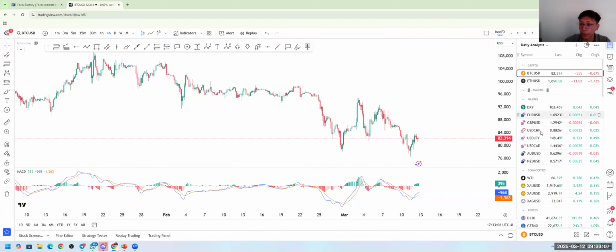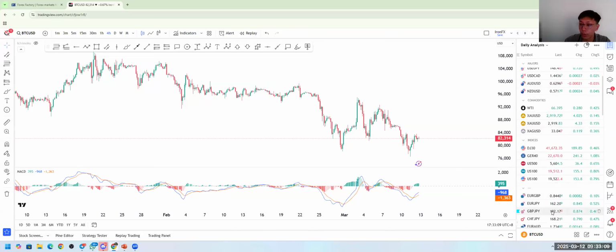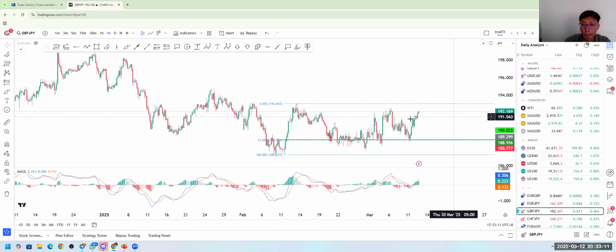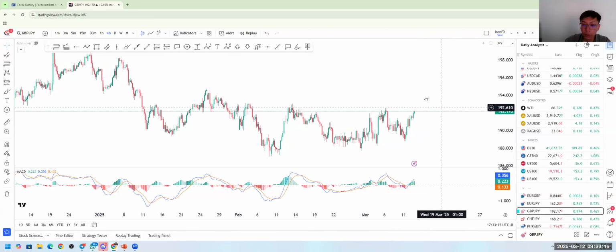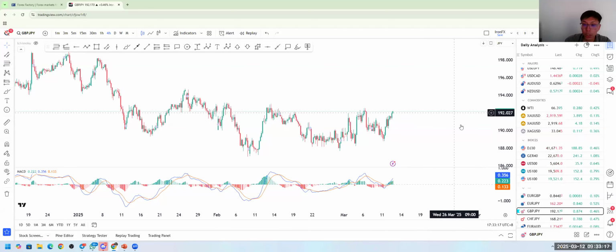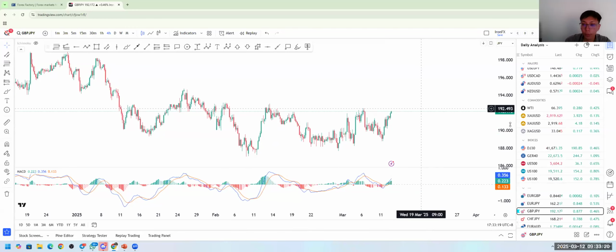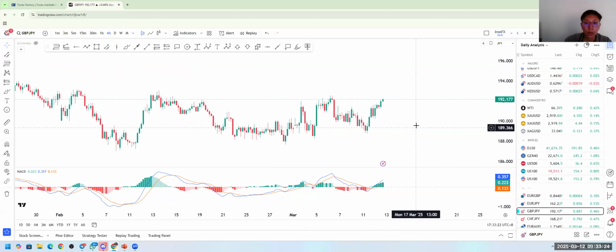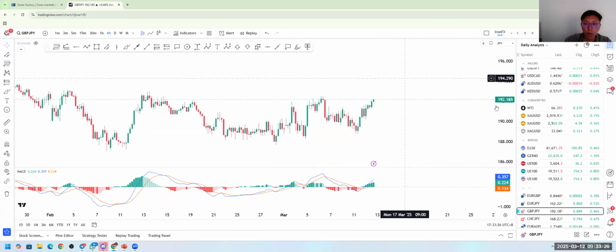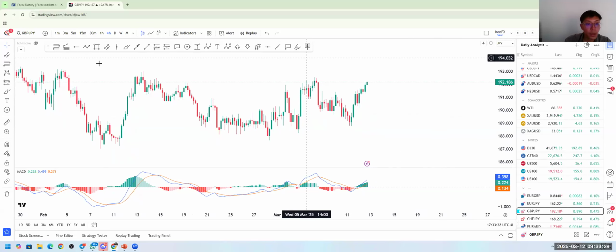Let's take a look at maybe GJ. Okay, let's take a look at GJ. Okay, previously I was looking at this area right here. Where is it?